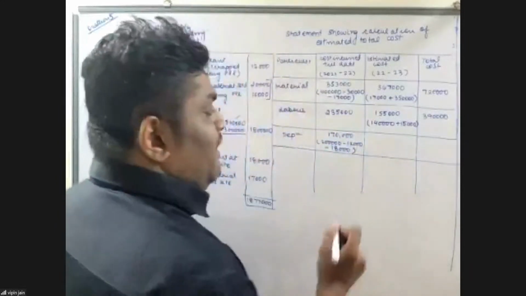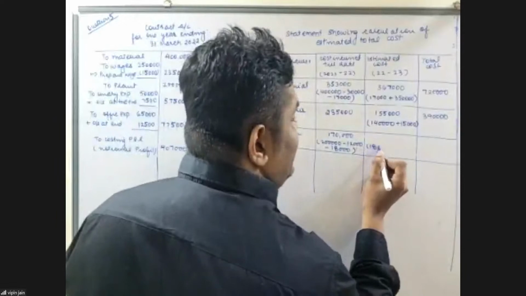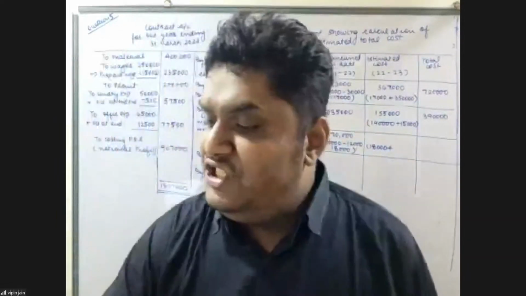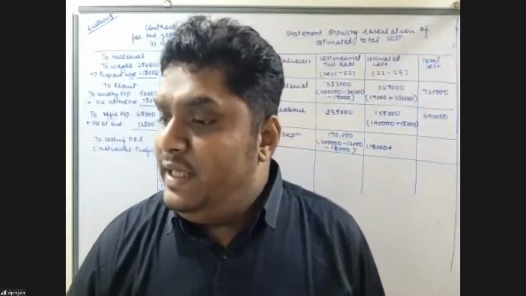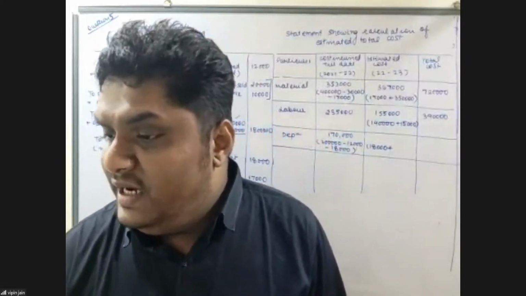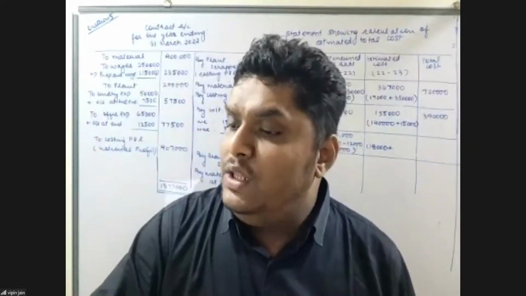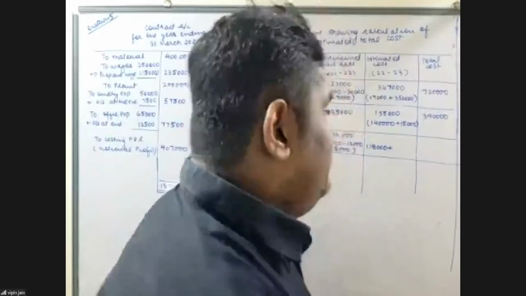For the next year, the opening value of plant is 18,000, plus additional plant sent to the site is 80,000. It is given in the question that the company would have to spend 80,000 on the plant in financial year 22-23.